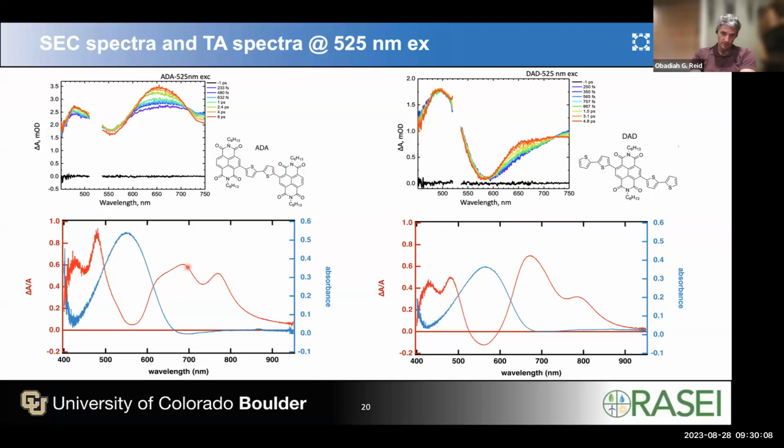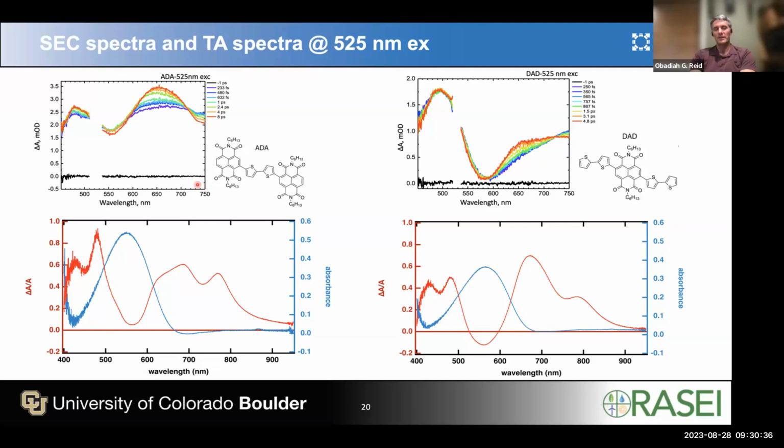Right, so here the red trace is the difference absorbance spectrum for that first anion. The blue is the corresponding absorbance of the neutral species. Same is shown here for the DAD compound. And when you compare this with the TA spectra, which have been scaled to give you at least roughly the same wavelength range, they don't match that well.